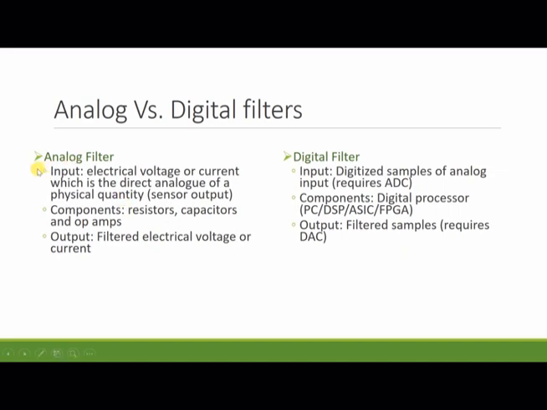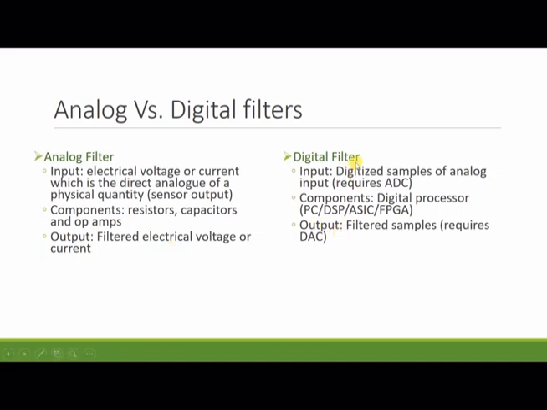Wherein in the analog filter, the input is in the form of an electrical voltage or current, or can even be captured directly by the sensors. Components being used are RLCs, op-amps as mentioned earlier, and the output is in the form of the filtered output.